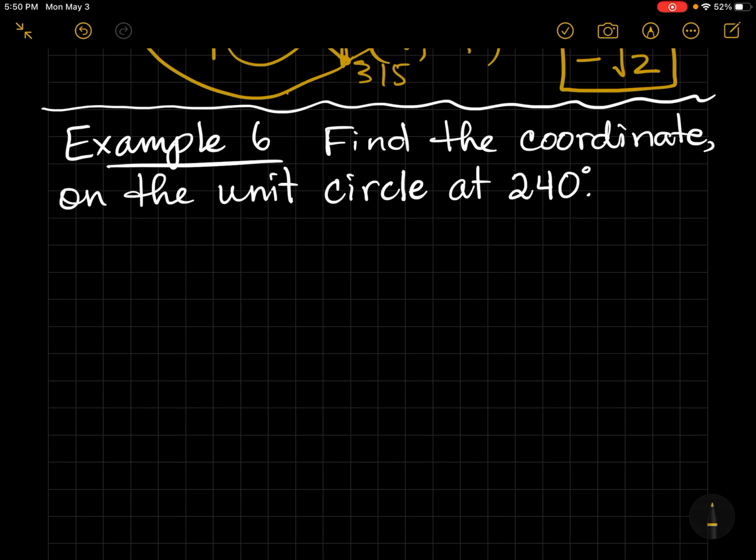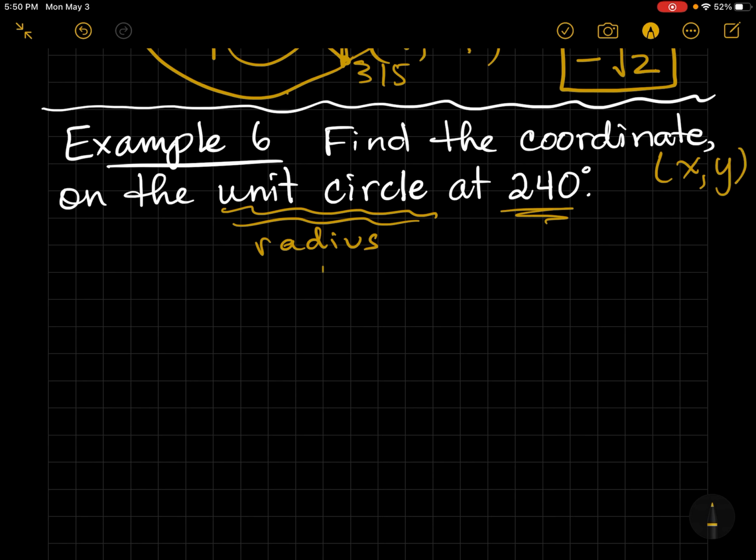Alrighty, last example. Find the coordinate on the unit circle. Ooh, unit circle, radius 1 at 240. I didn't ask you to evaluate it this time. I just said, let's find the coordinate, which is our x and y.